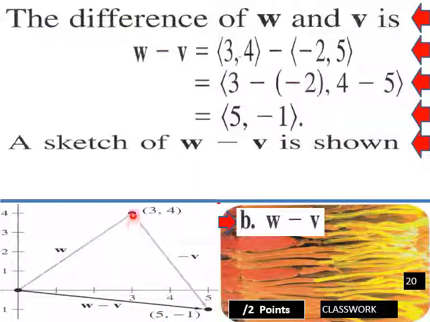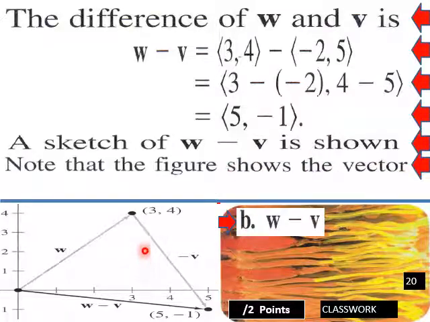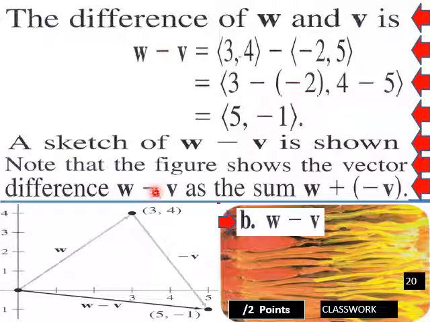So this would be the difference of w and v, 5, negative 1 down here. Note that the figure shows the vector difference w minus v as a sum, w plus a negative v. So w plus a negative v would be, again, 5 and negative 1.